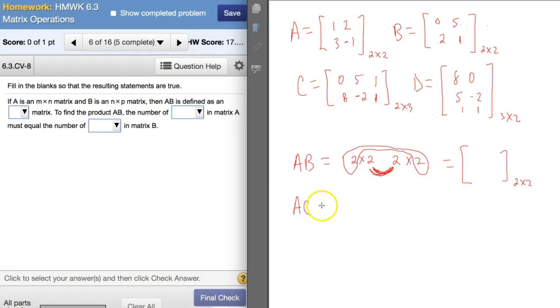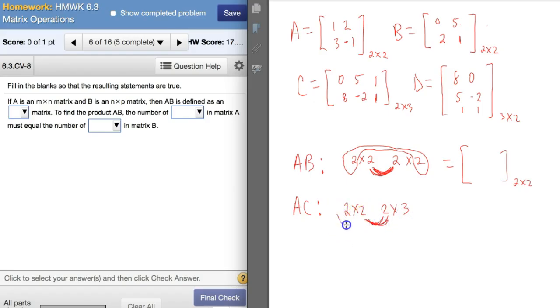Now let's say I wanted to multiply A and C together. Let me get rid of these equal signs because that's not really what I'm doing here. If I multiply A and C, notice that A still is a 2 by 2, but now C is a 2 by 3. And so the inner dimensions still match.